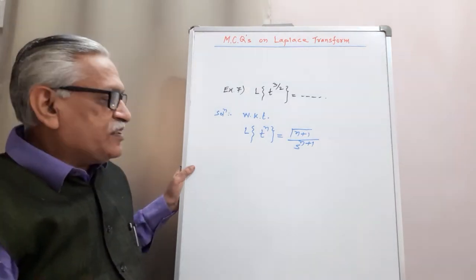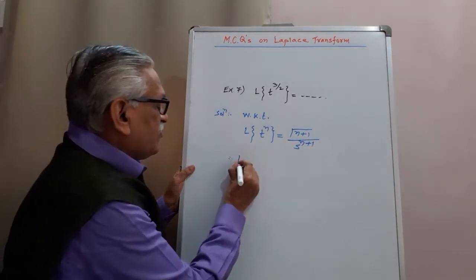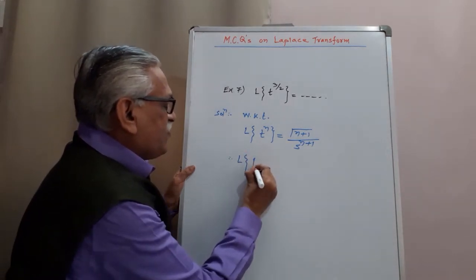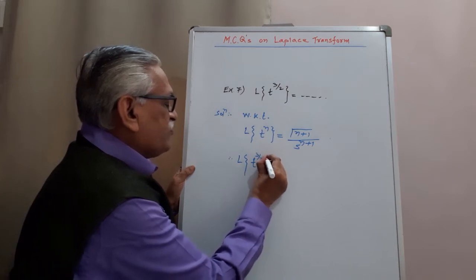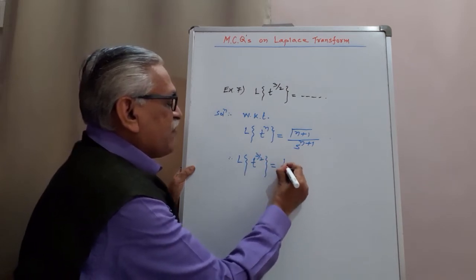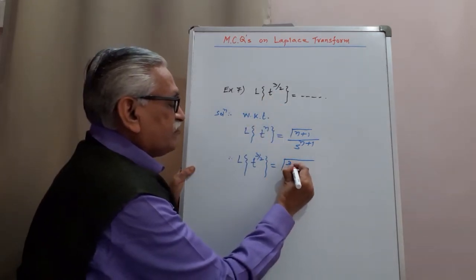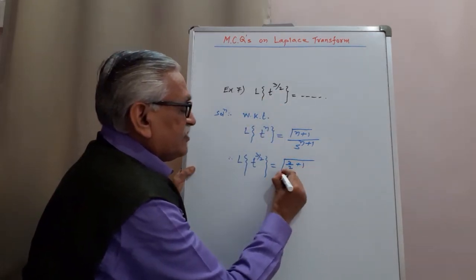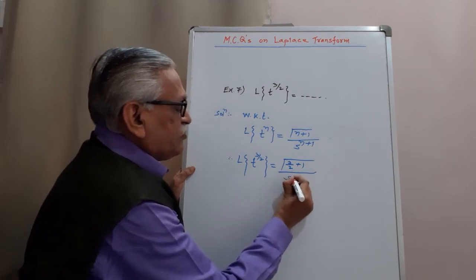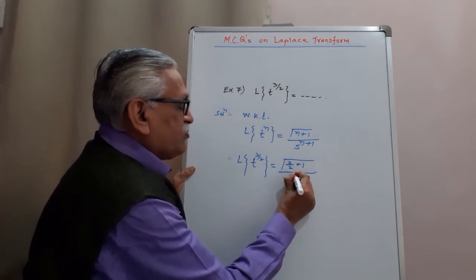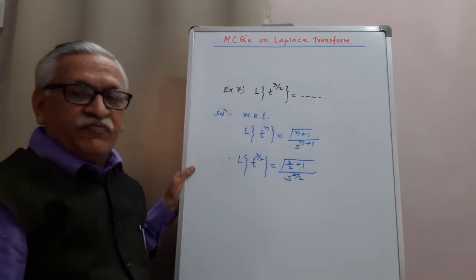Therefore Laplace transform of t raised to 3 by 2 is gamma of n plus 1, where the value of n is here 3 by 2, divided by s raised to 3 by 2 plus 1. 3 by 2 plus 1 we get 5 by 2.